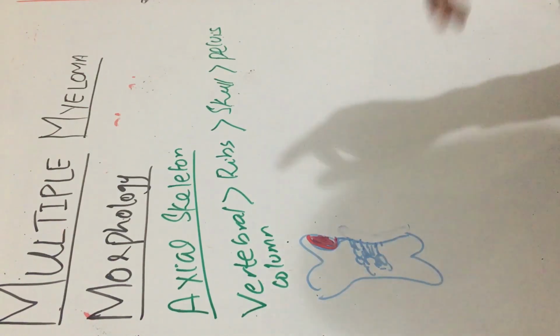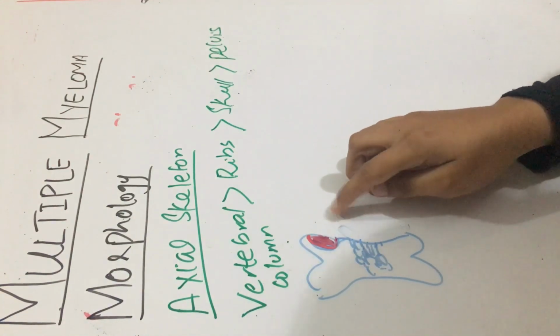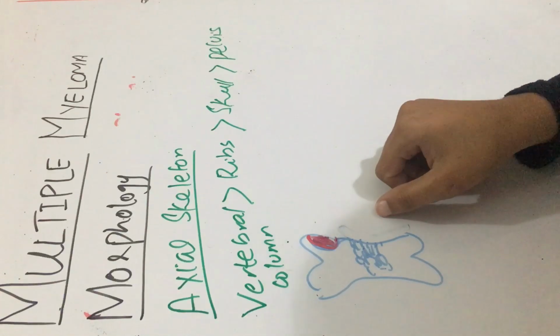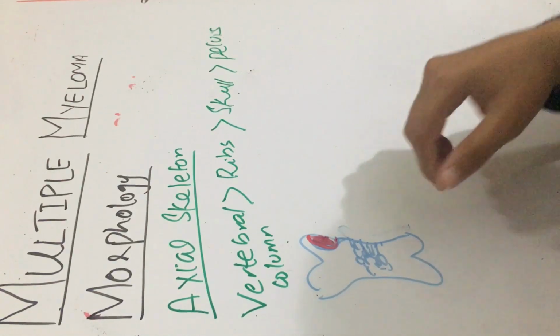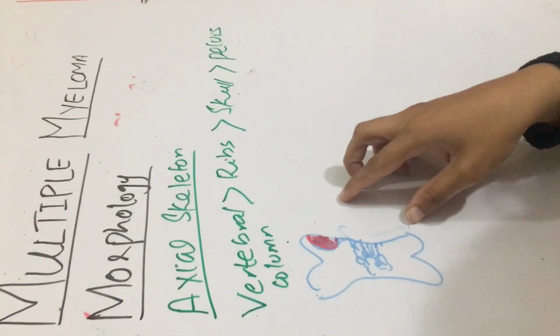When there is widespread multiple myeloma, then instead of these focal punched out defects, there would be diffuse demineralization, known as osteopenia, and overall the strength of the bone would weaken.